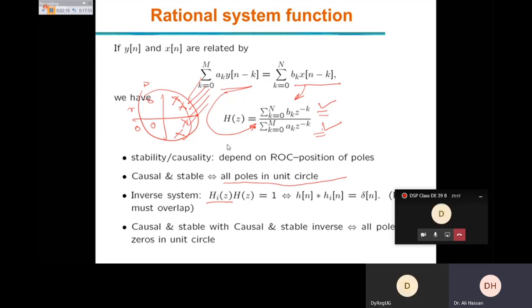Why do we need such a system? In many applications, like your base station, once you transmit something, your signal goes through an environment which we call a channel. So it is the responsibility of your mobile to cancel out the effect of the environment. So it has to implement an inverse system. So inverse systems are very important.